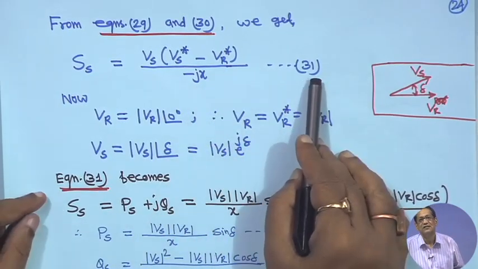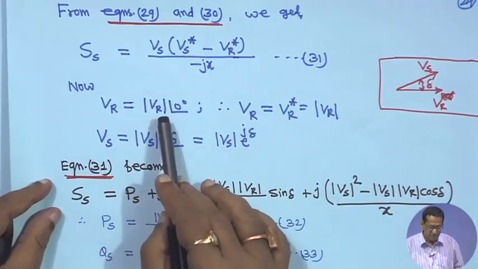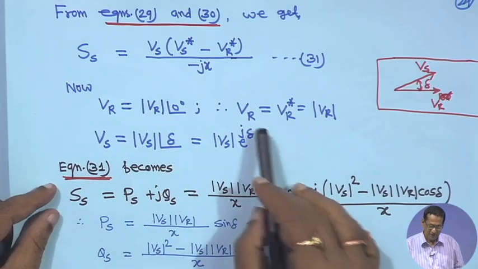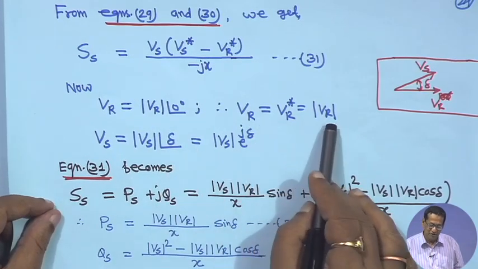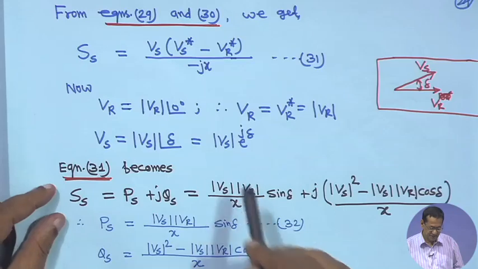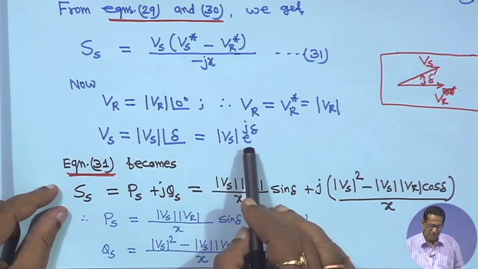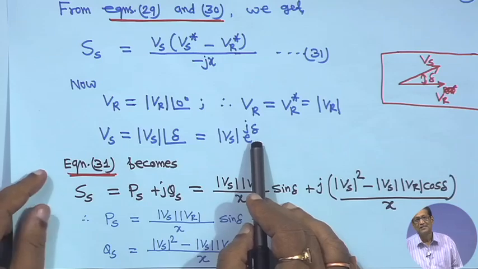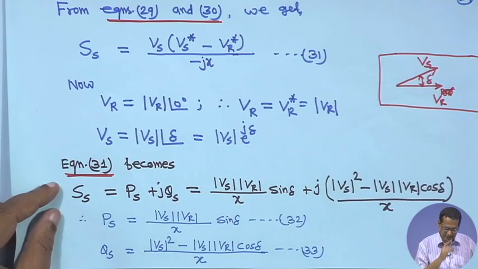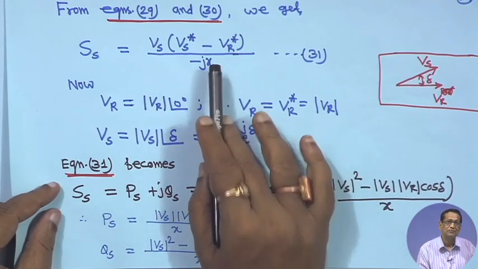This is equation 31. Now, V r is equal to magnitude V r angle 0 degree, so V r conjugate will also be V r, because the angle is 0 degree. V s is equal to magnitude V s angle delta, which is equal to magnitude V s e to the power j delta, that we write. Now, all these things you substitute here.